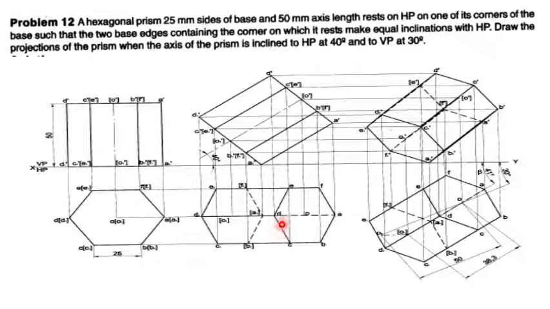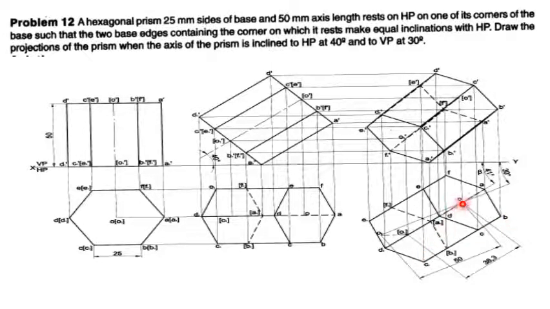Okay. After completing this, measure the distance between O to O1. Then, to construct this when the axis is inclined to VP at 30 degrees, first draw an inclined line for the 30-degree inclination, that is the actual inclination with respect to VP.